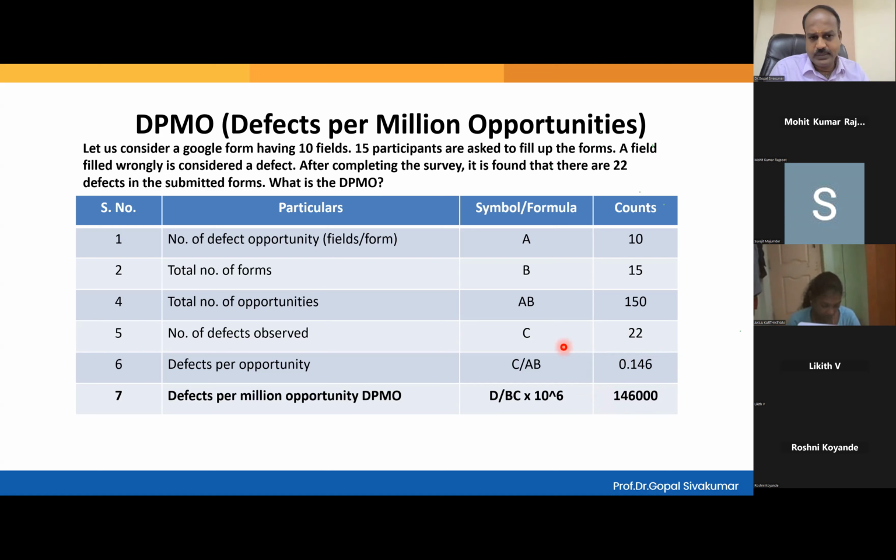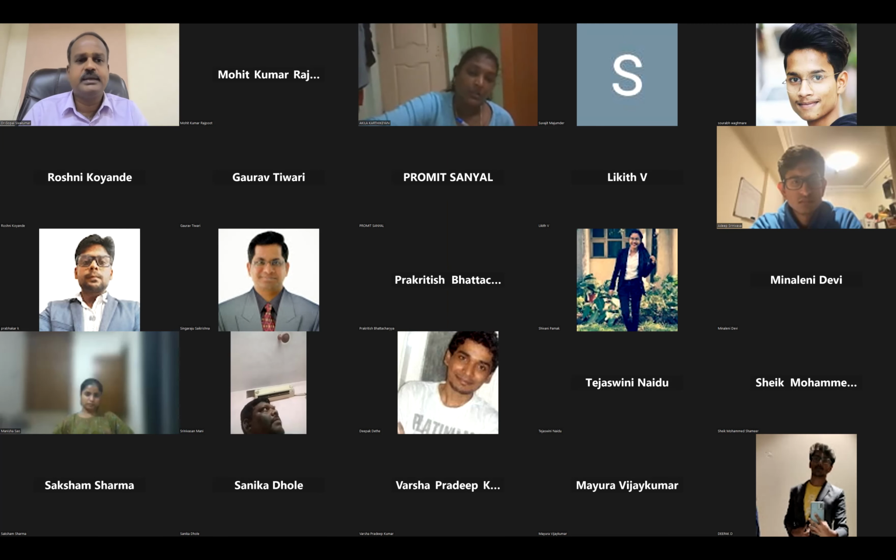So there are two methods, in fact, sorry, three methods by which you understood the baseline measurement. One is traditional yield, the other one is first pass yield. There is one more, rolled throughput yield, which is actually reflecting the reality.